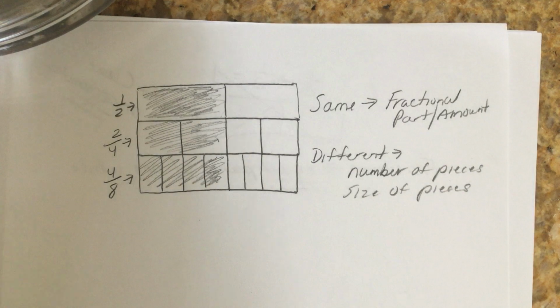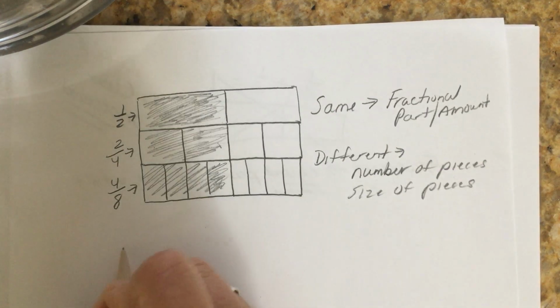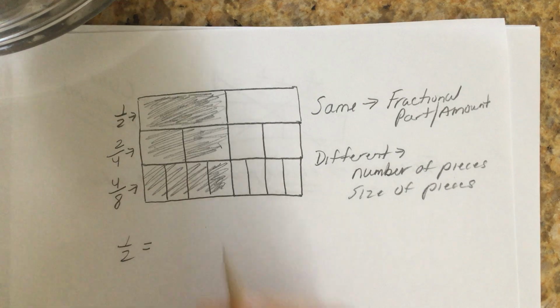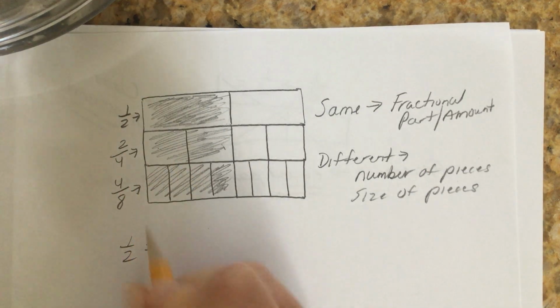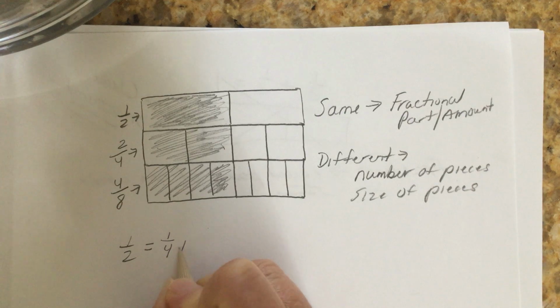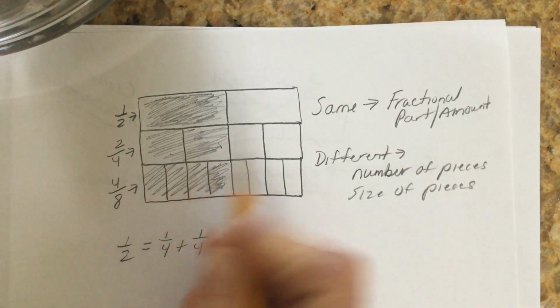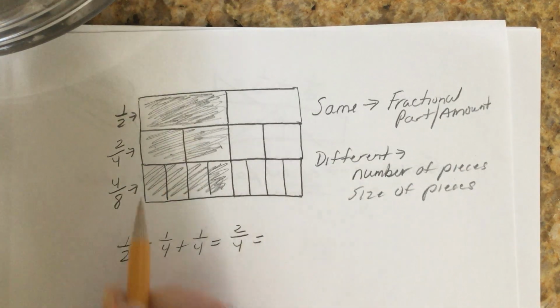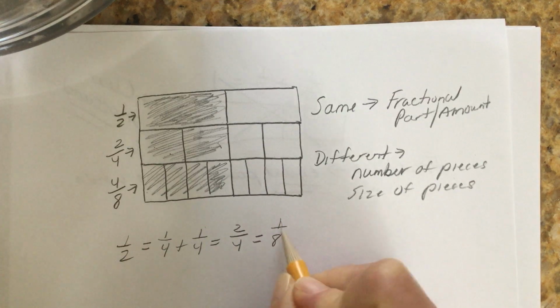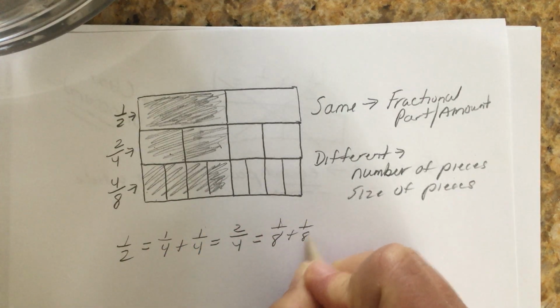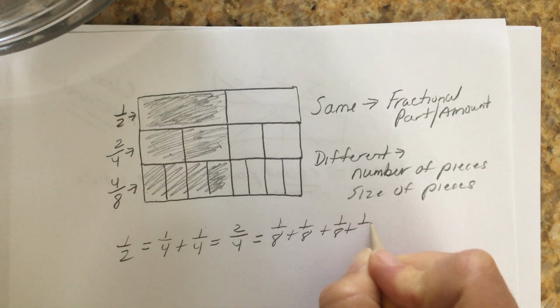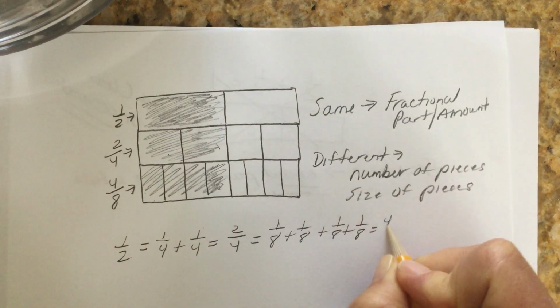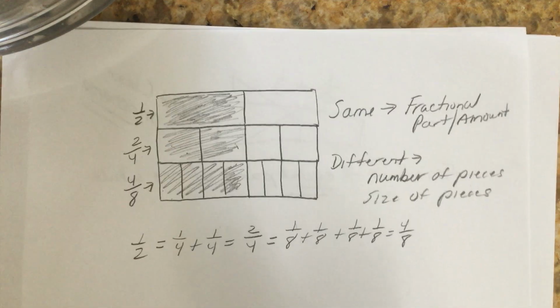Right? Now, how can we be impressive by writing number sentences to go with this model? Well, I can start with half, and I can show that that half that I started with is equal to 1/4 plus 1/4 right here, which of course is equal to 2/4, which is equal to 1/8 plus 1/8 plus 1/8 plus 1/8, which is equal to, of course, 4/8.